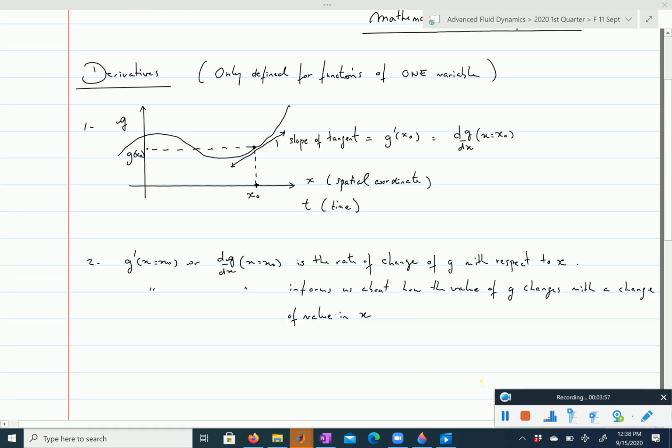And often I will denote a change of value of g as a delta g, the change of g, and how this relates to a change of the value in x, which I will often call a delta x.